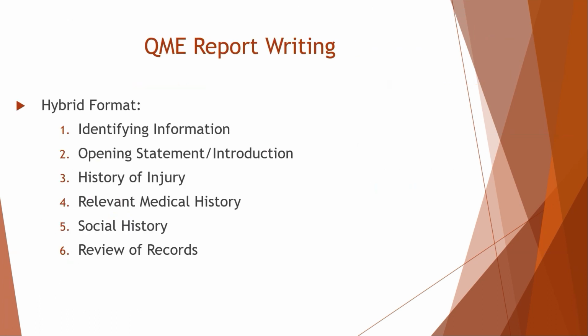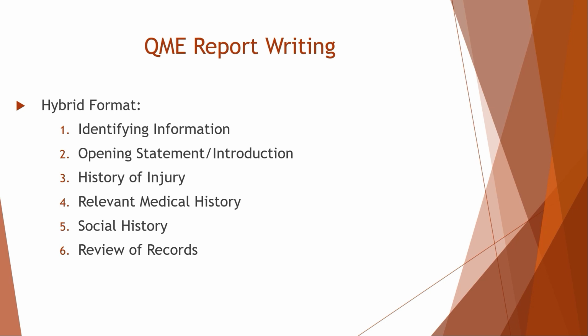We'll elaborate on each of these a little bit more as we go, and specifically when we get to our QME template, where I show you how all of this gets formatted into a clear and cohesive report. We're going to elaborate extensively on number 1, the identifying information, number 2, the opening statement, number 3, the history, and 4, the relevant medical history.